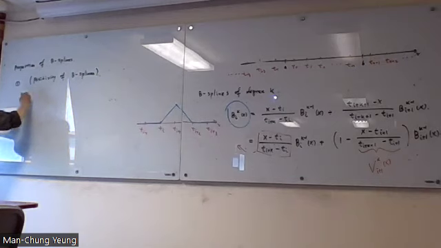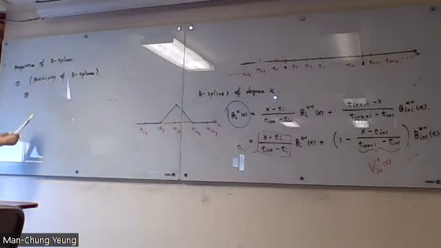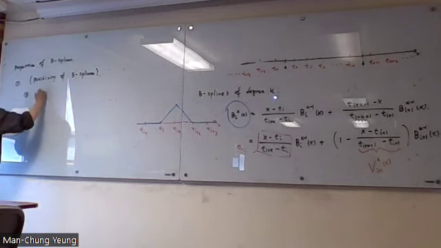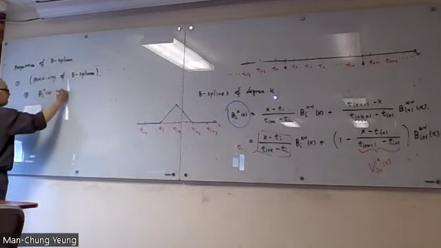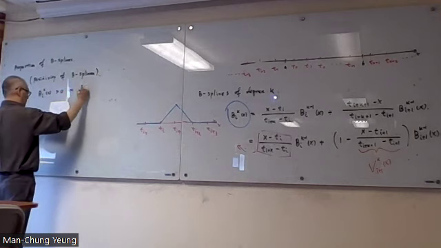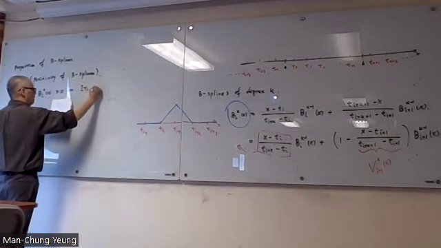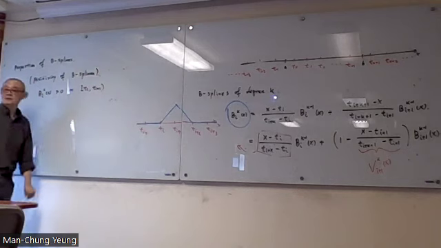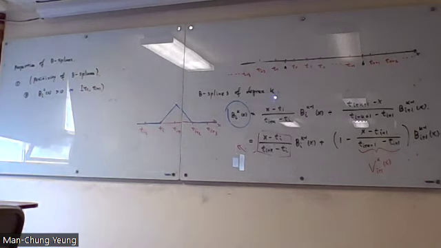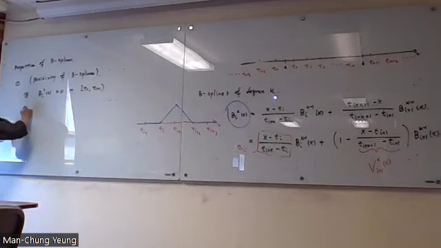When k is 0, bi0 is greater than 0 on this interval. This is the definition. Actually, the function value is 1, greater than 0. For other k, now k is 0.